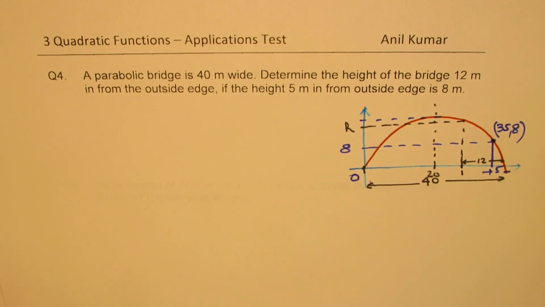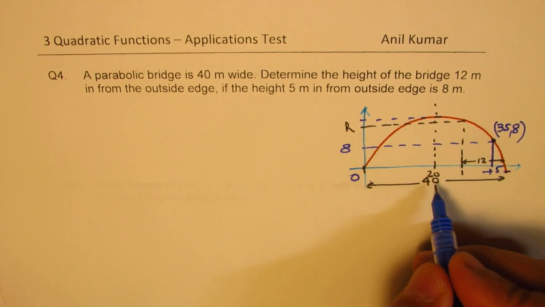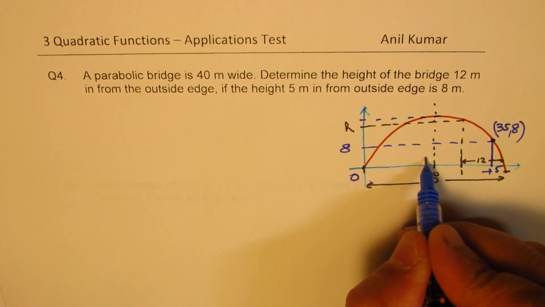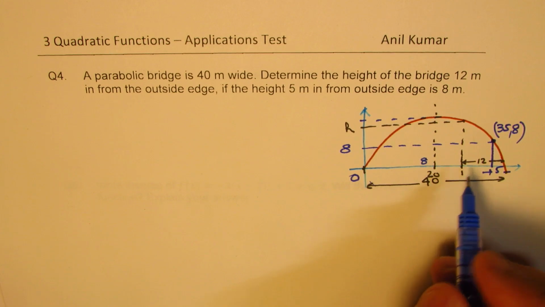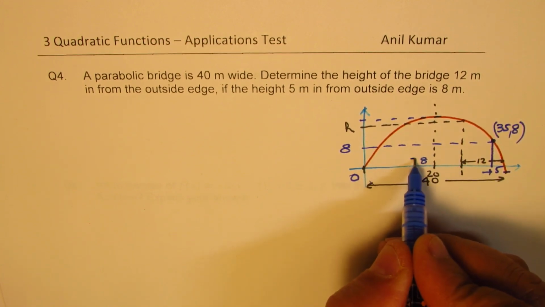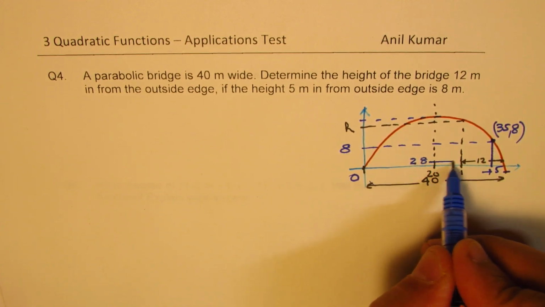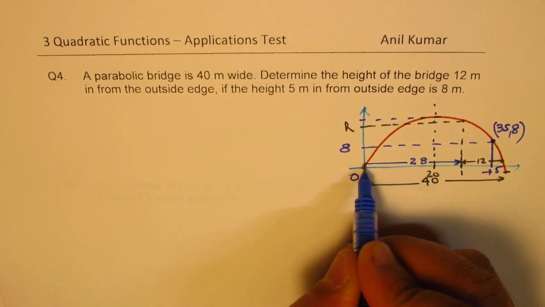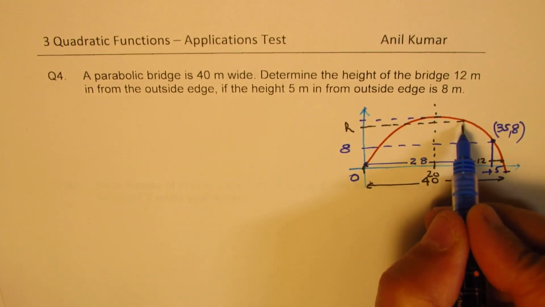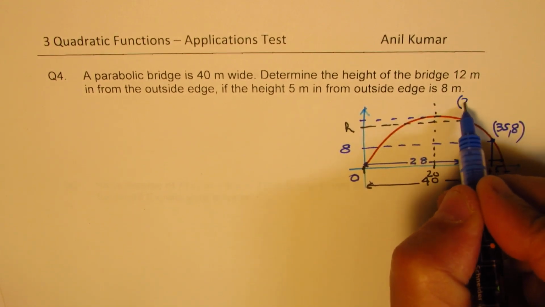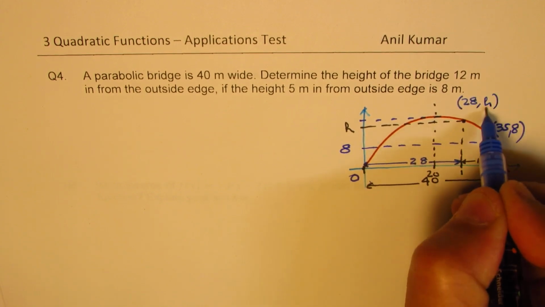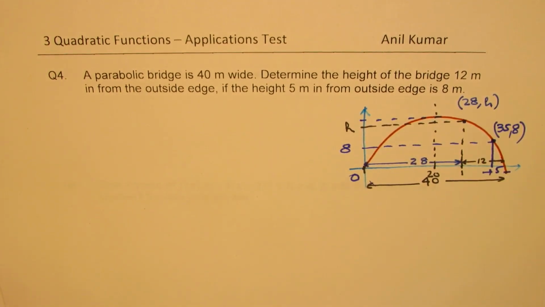So that means we are looking for something like 40 minus 12. So if you take away, we get 28. So this point, we want to find, it is 28, h. We want to find the value of h. I hope that is absolutely clear, right?